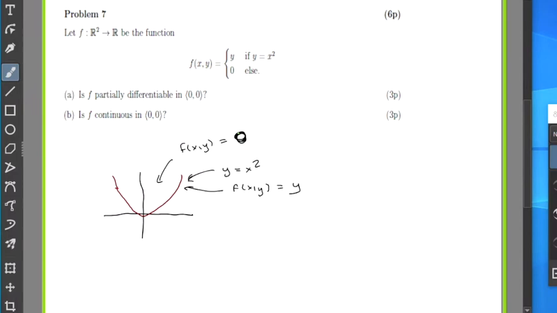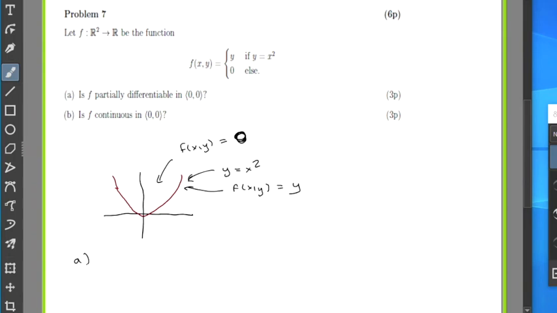And now we need to answer 2 questions about this function in this problem. So the first problem we need to look at is if f is partially differentiable in 0, 0. And what we now cannot do is to partially differentiate, and that's also true, I can already say that for b.